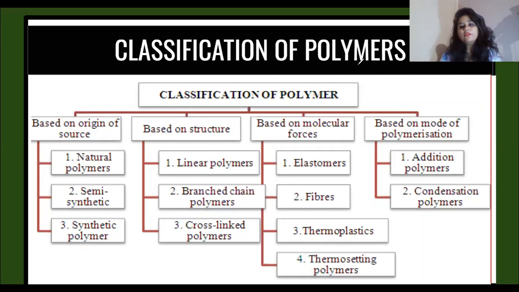Now, if I talk about classification based on molecular forces, which forms the third category of classification of polymers, it takes into consideration elastomers. To understand what elastomers are, the simplest thing that we have seen is a rubber band. For example, this I can consider as a rubber band, and now I'm stretching it.